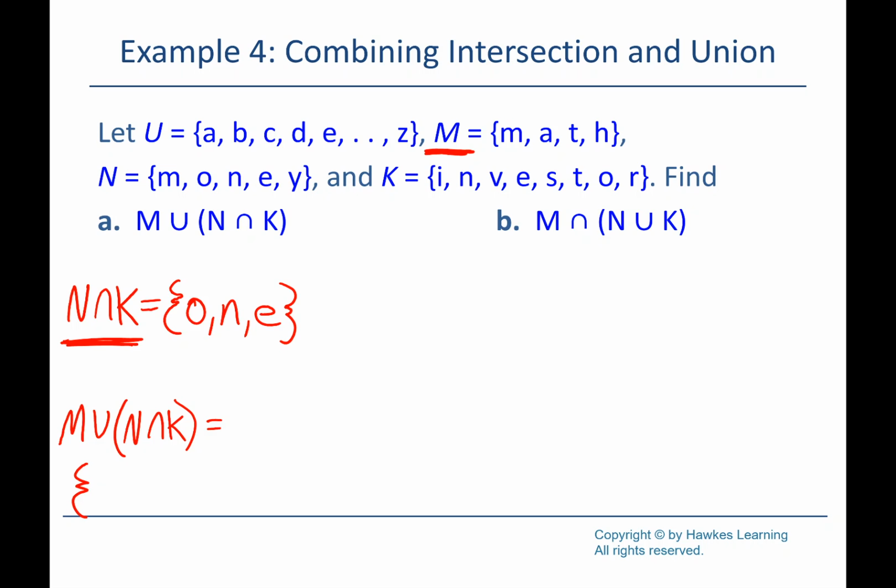All right, so if I'm looking at our new set N intersect K, I know I need O, N, and E. And then we can look at M and see if we're missing any. So that one also has an M and an A we don't have yet, and a T and an H. Anyway, our ultimate goal there is to end up with that set.